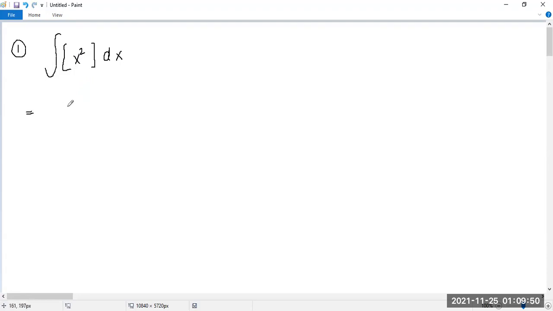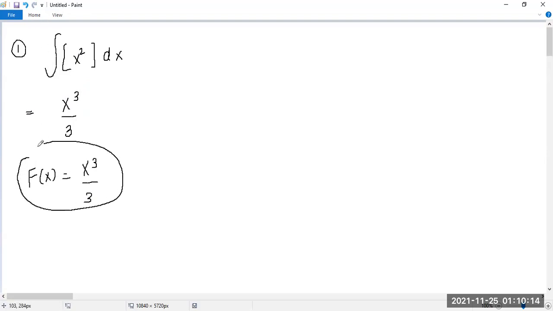So I'm just going to tell you that the antiderivative of x squared is x cubed over 3. And the basic idea here is that what you want to remember is that this is another function, right? It's x cubed over 3. Now, we would essentially only say that this function is the antiderivative of this function if I can take the derivative of this function here, and I would get back the original function.